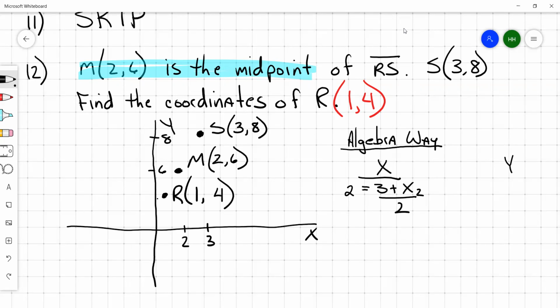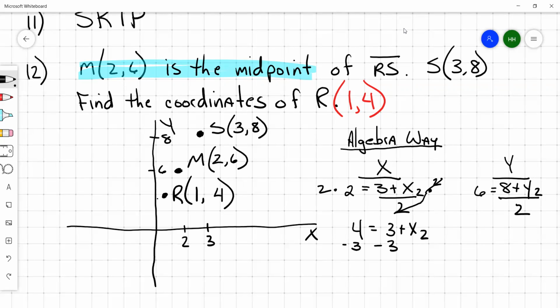For your y at the end point, the midpoint, 6, is equal to one of your y's, which is 8, plus the other y divided by 2. When you do it this algebra way, now you multiply both sides by 2. These 2's cancel, and 4 equals 3 plus x sub 2, and you subtract 3 from each side, and 1 is equal to your x sub 2.